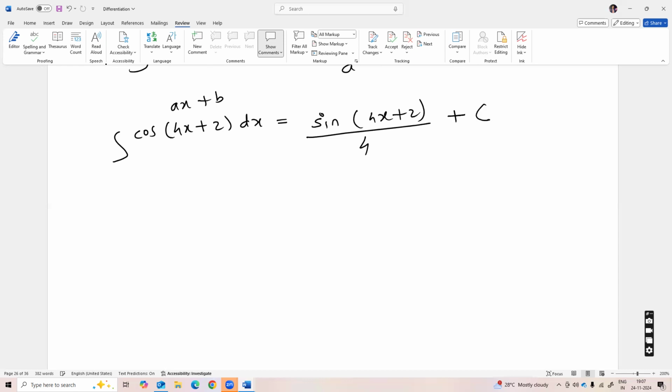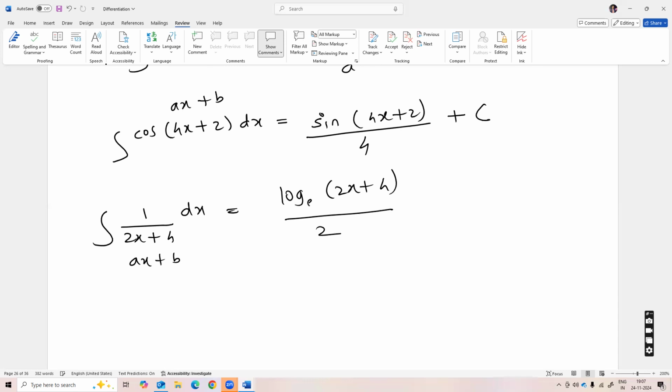Similarly, if you have to find the integration of 1 upon 2x plus 4, then it is equal to log 2x plus 4 divided by a, where a is equal to 2, plus c.